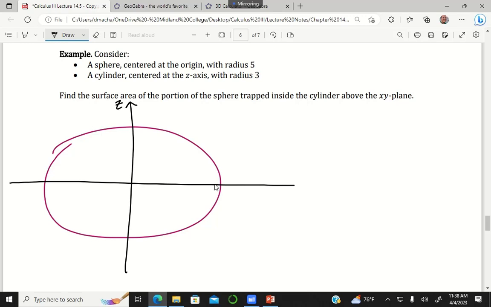This time that's the z-axis, let's say, and then this would be the x-axis. We're also going to consider a cylinder centered at the z-axis with radius 3. And so, if I have a cylinder centered at the z-axis, then slicing it is going to give me something like this.